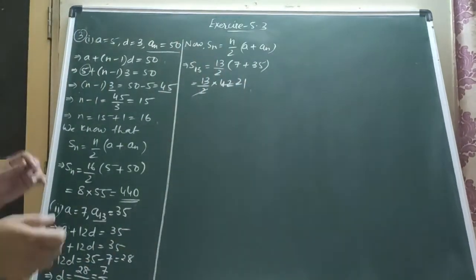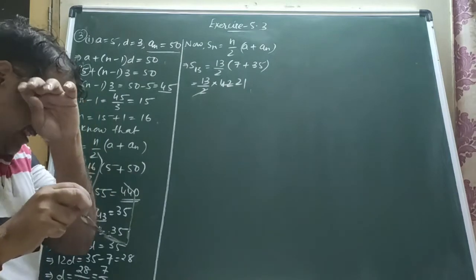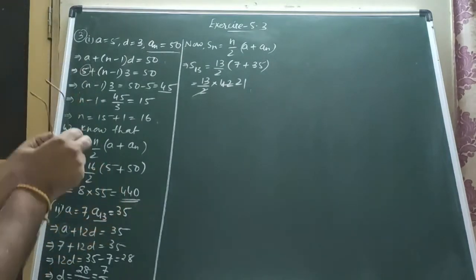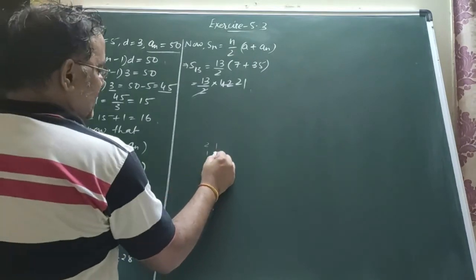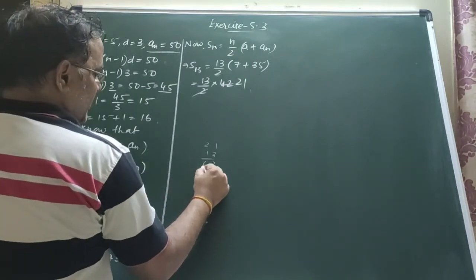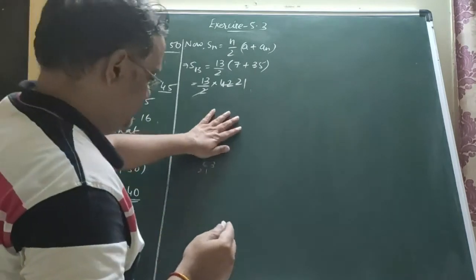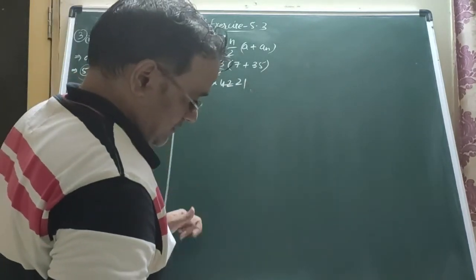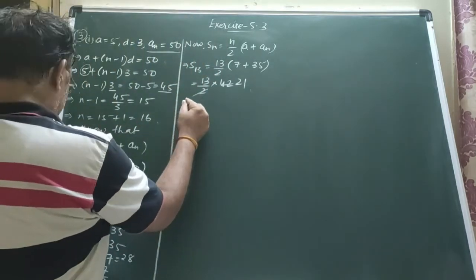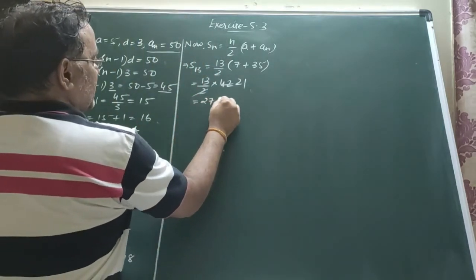So finally we'll get 13 into 21. So how much will 13 into 21 be? Let's multiply: 63, 21, 273. So it is 273.